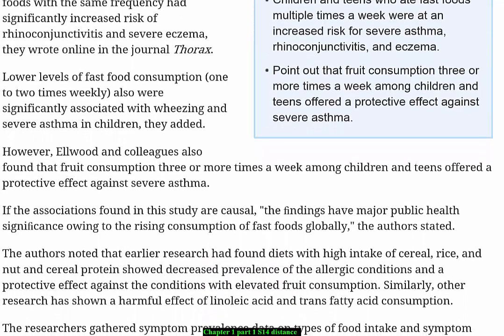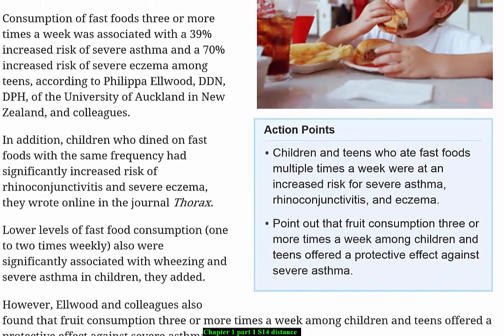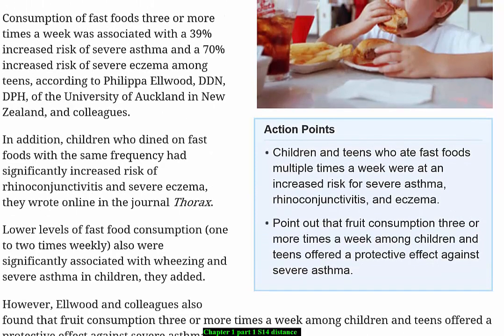And so we want to ask ourselves, all right, consumption of fast foods 3 or more times a week is associated with a 39% increased risk of asthma. Does this mean that if we let our kids eat fast food 3 or more times a week, they're going to have asthma? Or that this is causing the increased risk of asthma?